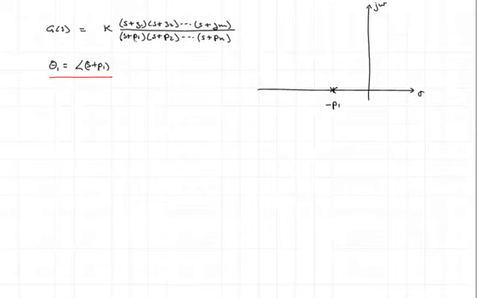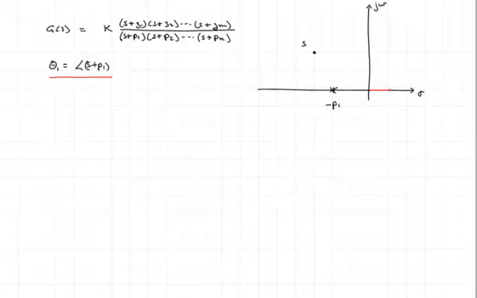Note that the way the transfer function is formatted, we have factored terms that are s plus p1, s plus p2, etc. So the poles are actually at minus p1, minus p2, etc. The zeros are at minus z1, minus z2, etc. Okay, and now we have some s. It's just some test point on the s-plane, and we're trying to determine the angle of the quantity s plus p1.